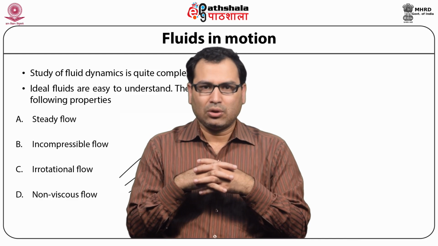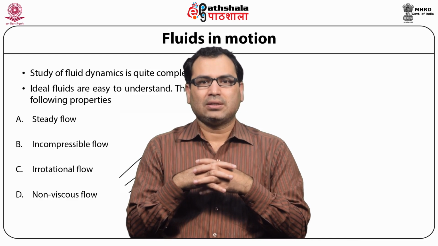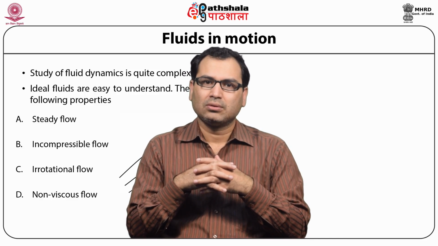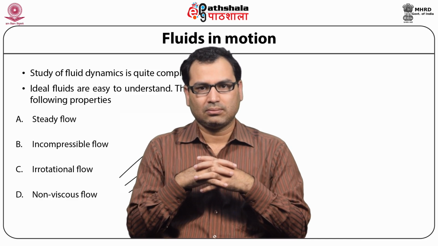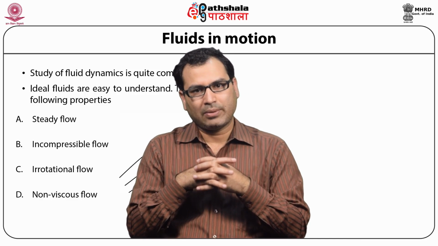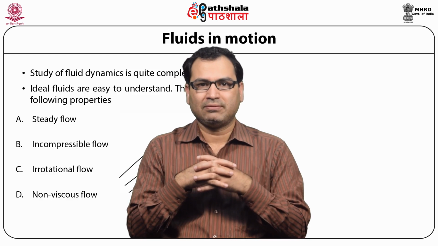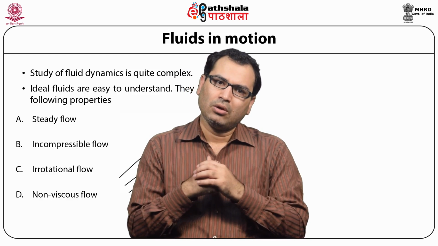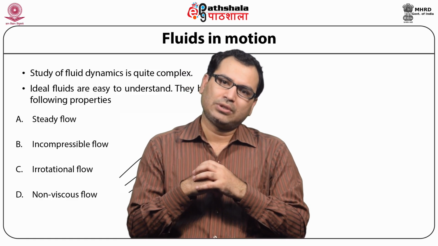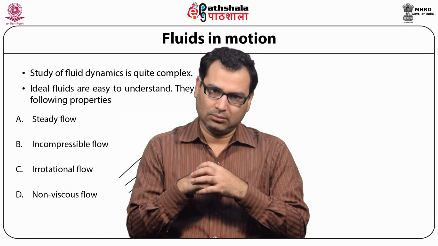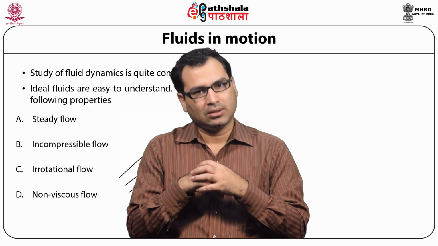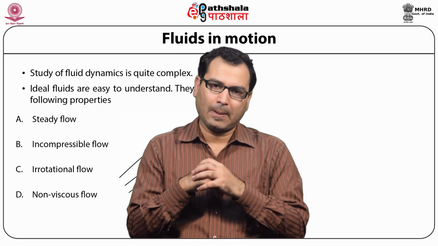So when we want to understand the dynamics of fluids, we have to make some approximations. The first approximation is about the fluid itself. We assume that the fluids are ideal, and then we study their flow dynamics.